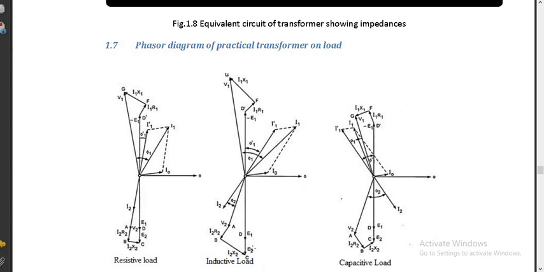Similarly in the upper half, exactly of the same magnitude as I2 but in the opposite direction, I'll have I1 dash, and I1 dash and I0 will give I1.